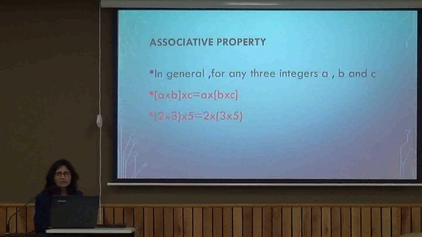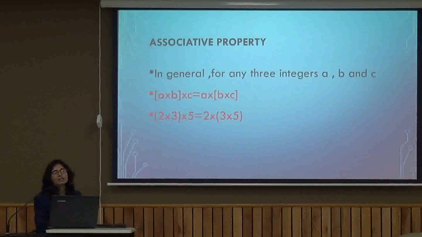We have the associative property also over multiplication, because we can find the product of any two integers first, and then we can multiply by the third one, and the result will be the same. Let's say if there are three integers A, B and C, then A multiplied by B, multiplied by C is same as A multiplied by B multiplied by C, with the grouping changed.